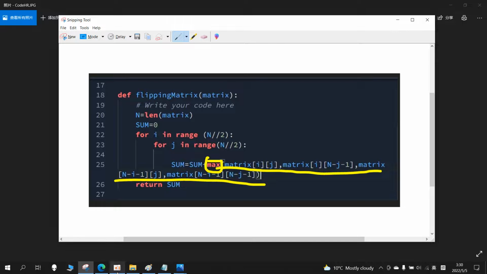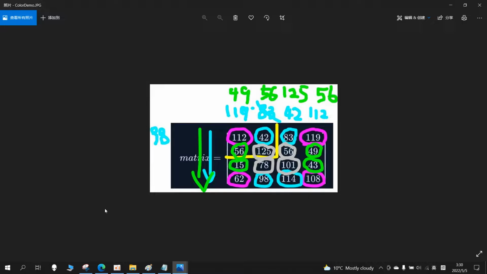The reason why we spend so much time to find the possible values is nothing but to find the largest value among the four possible values, right? And then we do the sum of all of these four elements on the up left quadrant.